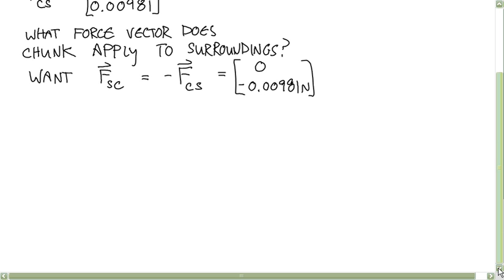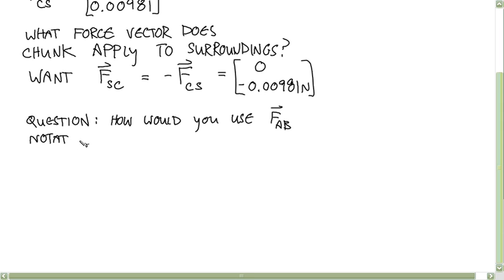Well, the answer is you could use it if you wrote, okay, so let me write this down. So how would you use this FAB notation in the cable example?